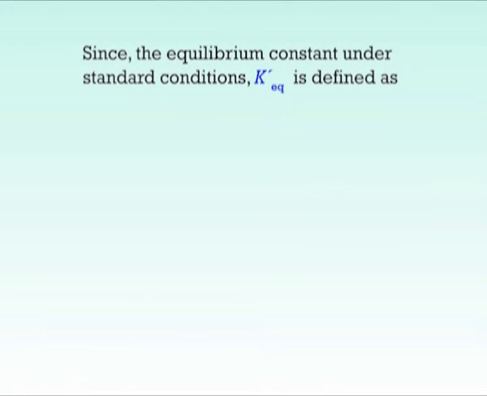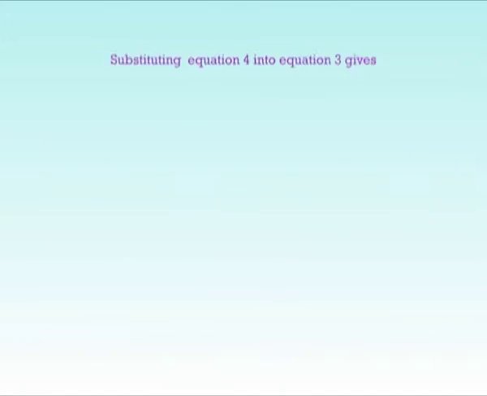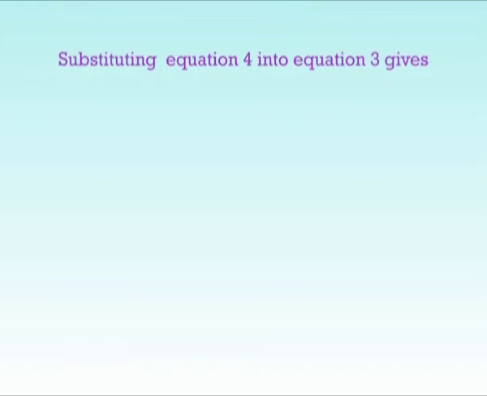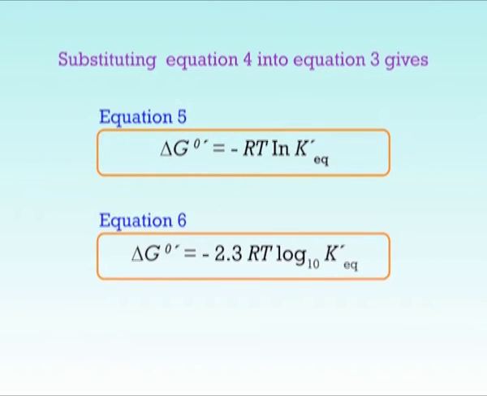Since the equilibrium constant under the standard condition is defined as K prime eq equals the concentrations of C and D divided by the concentrations of A and B, substituting equation 4 into equation 3 gives delta G naught prime equals minus RT ln K prime eq, which can be converted to delta G naught prime equals minus 2.3 RT log base 10 of K prime eq.